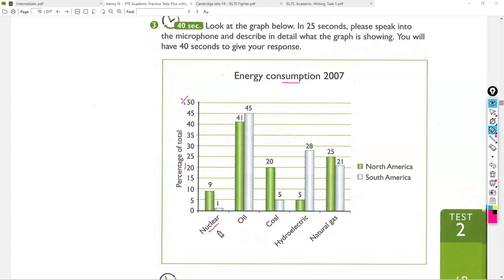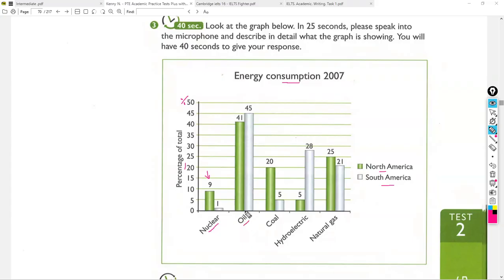What is the percentage of consumption of nuclear in North America? It's like 9%. While in South America, the consumption of nuclear is only 1%.